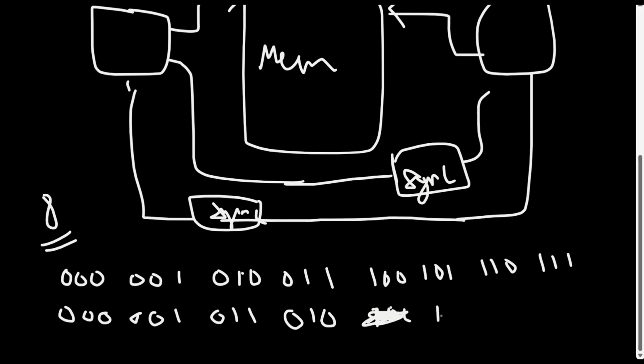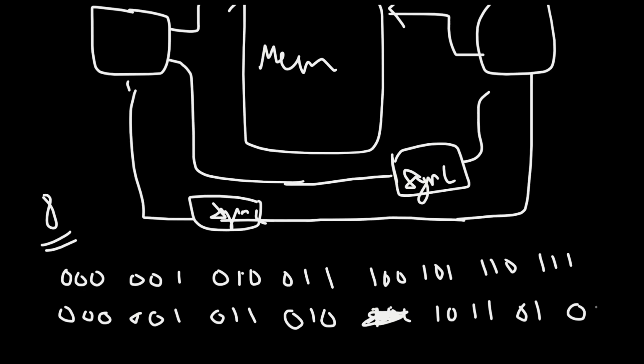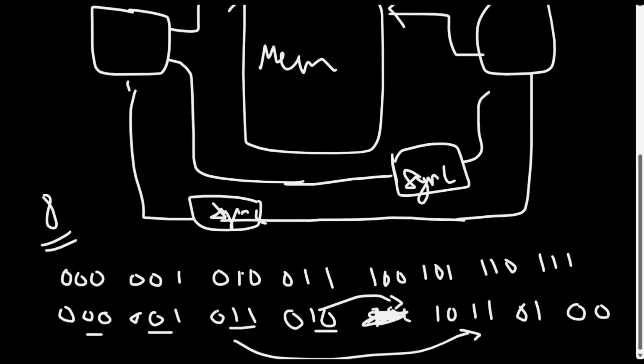So 1 0 and then 1 1, then next 0 1, and then 0 0. So this is the mirror image of the first two bits. So we have 1 0 here, and then 1 1, and then 0 1, and then 0 0. Then we add the other bit here: 1 0 1, and then 1 0 0.